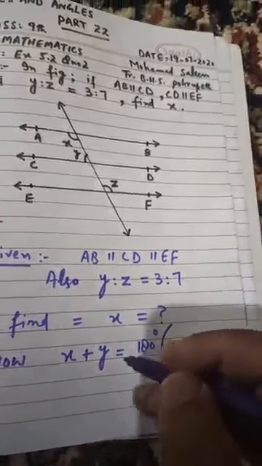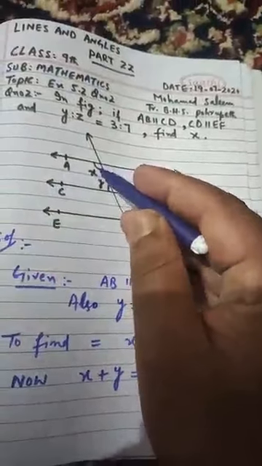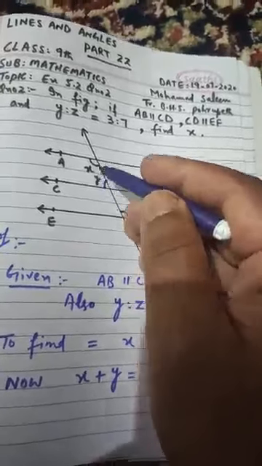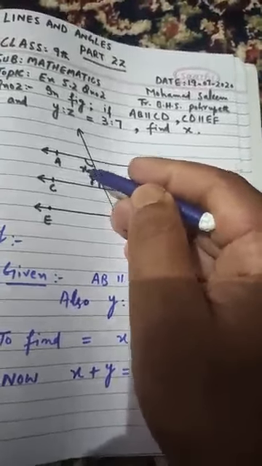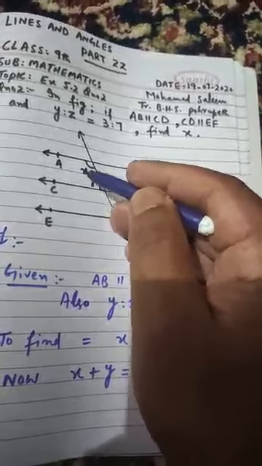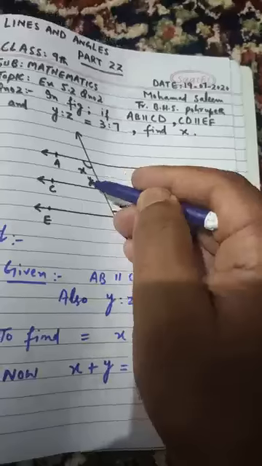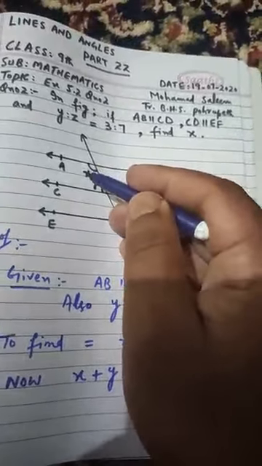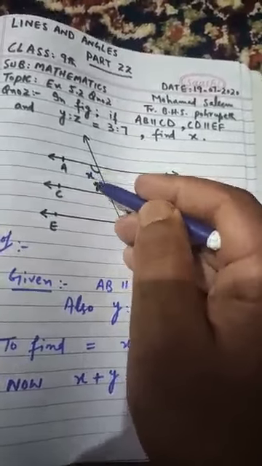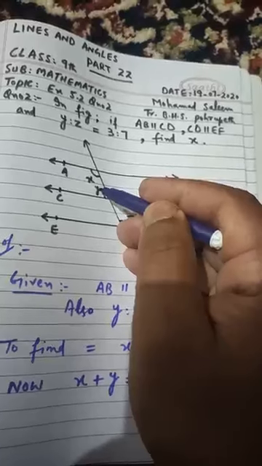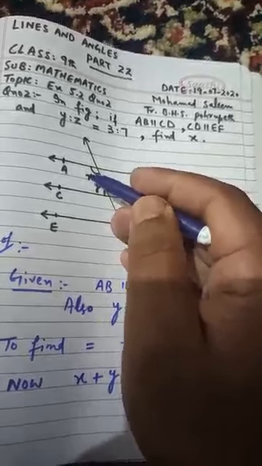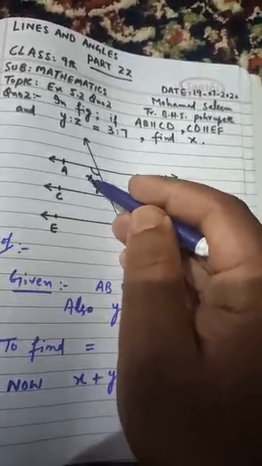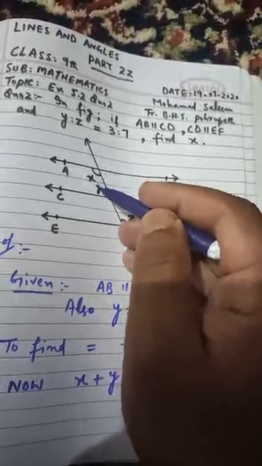Try to think what is the reason behind X plus Y equal to 180. Definitely there is a reason. These form a pair of consecutive interior angles and their sum is always supplementary. Lines are parallel. Therefore, the sum of a pair of consecutive interior angles, or we can say a pair of co-interior angles, is supplementary. That means their sum is 180.